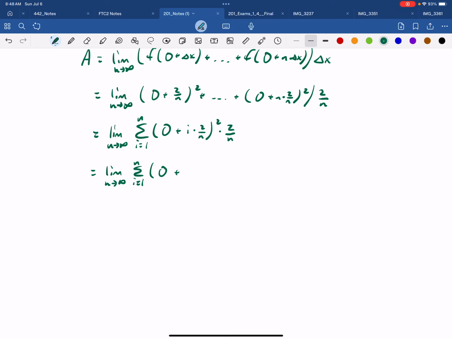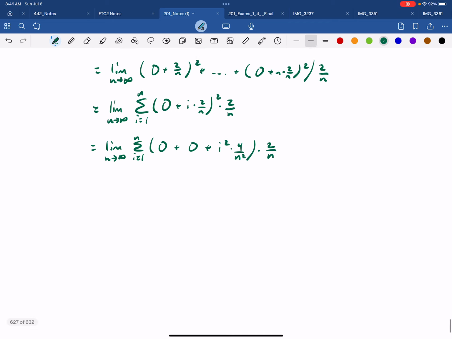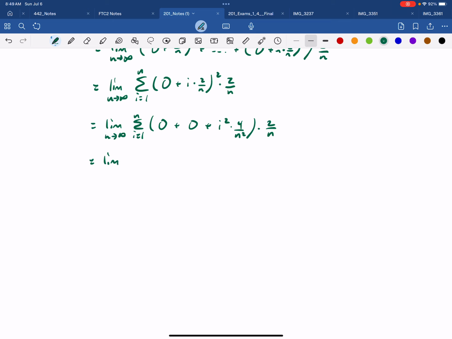Plus 0 plus, I guess this last term is going to wind up being i squared times 4 over n squared. And all this is times 2 over n. I guess that kind of worked out nicely, didn't it? If we multiply through by the 2 over n, we get i squared times 8 over n cubed.